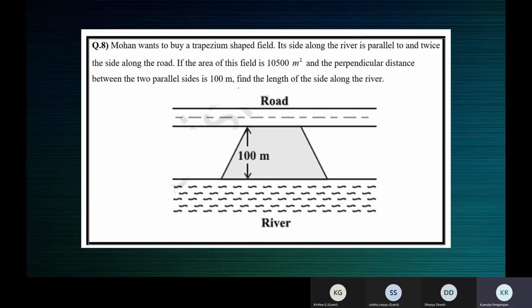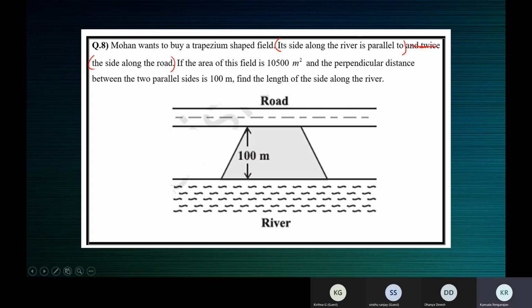You can read it one by one. So first you read like this: its side along the river is parallel to the side along the road. This is one information. Please read only the bracket. Don't read what comes after and. What do you understand?